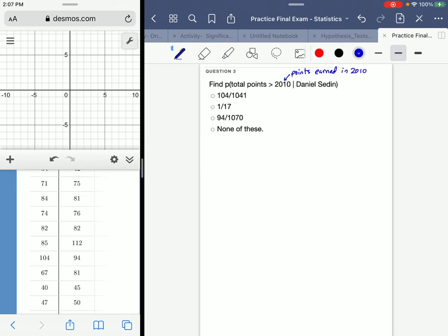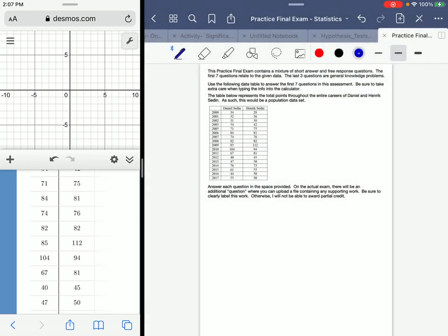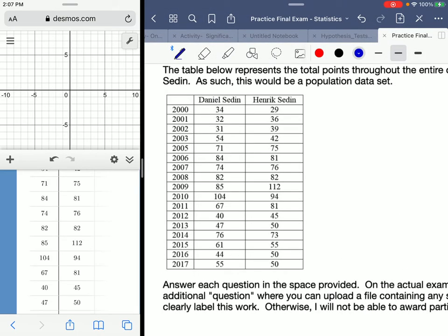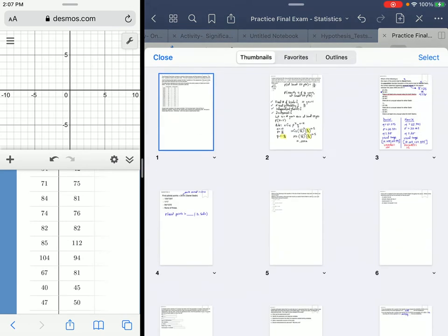So let me rephrase this question based off of the data. It's the probability that the total points is greater than whatever the number is for 2010, given that it's Daniel Sedin. 2010 in the Daniel Sedin column is 104.